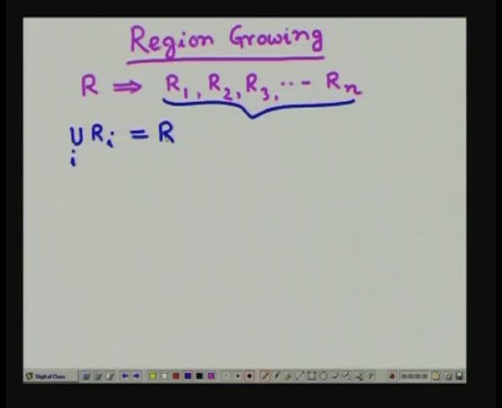So, every pixel in the image should be a part of one of the partitions. The second property is, the region R I should be connected. And we have defined earlier what we really mean by a connected region.